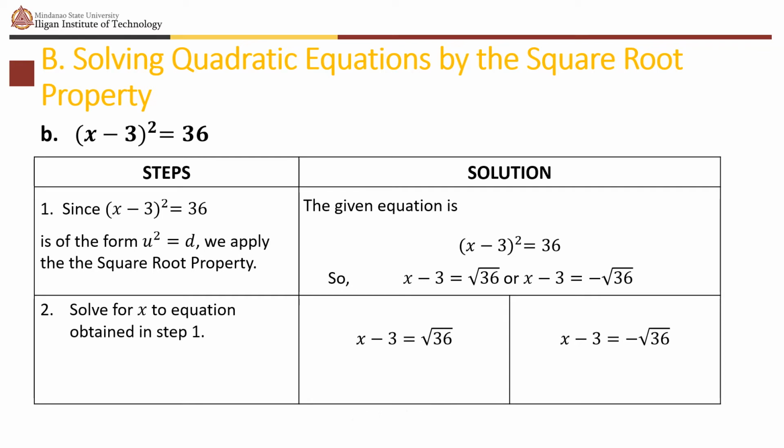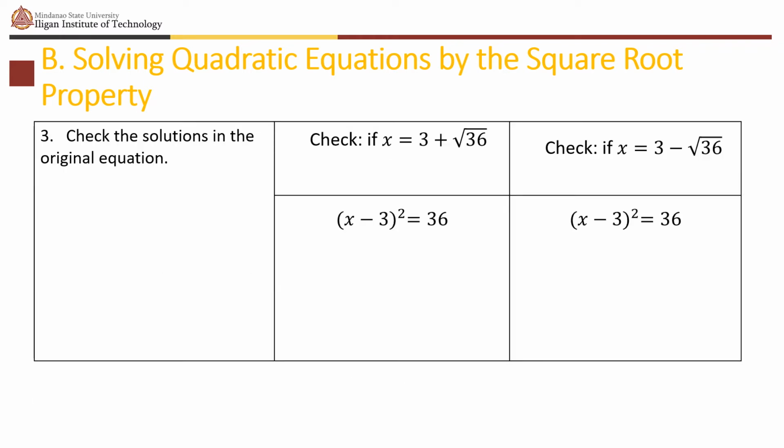meaning to say x equal to 3 plus square root of 36. So if you add both sides by 3, and add this by 3 again, you will have 3 minus square root of 36. Then you verify whether x equals 3 plus square root of 36 or x equals 3 minus square root of 36 will satisfy the original equation.